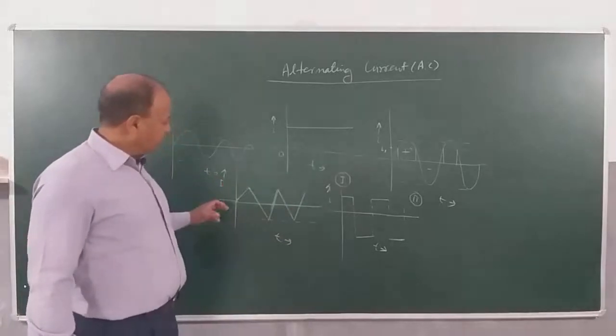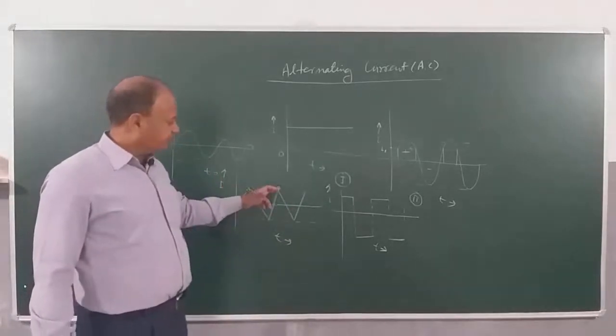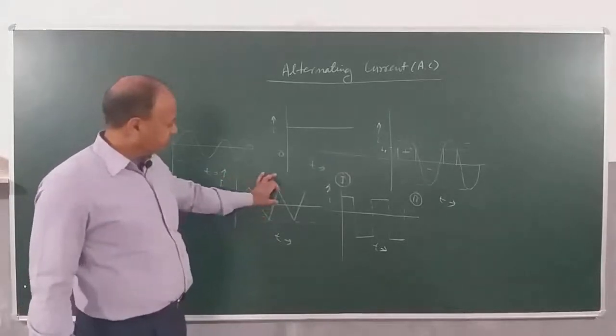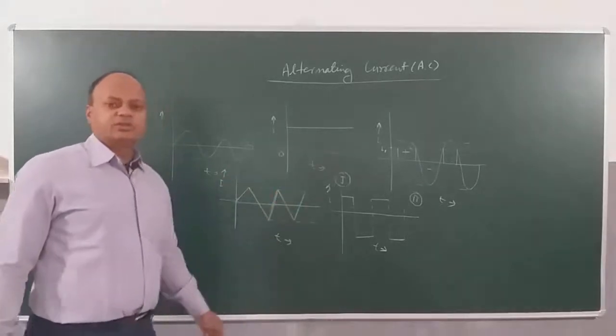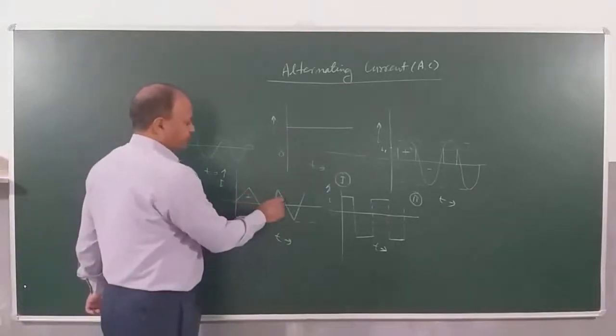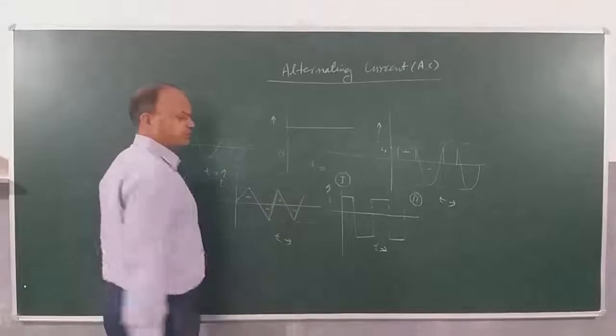You can see that here the form is triangular form, but amplitude of current is same. So it represents AC. If the above triangle is positive, below is negative, positive and negative.